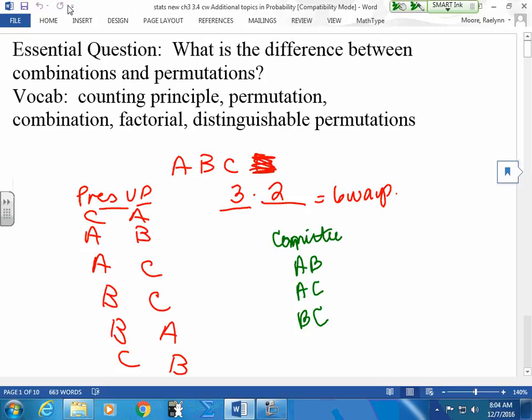So what happens when order does not matter, I can't have those same groups again. It matters here because CA and AC are totally different. But look, I only took an AB, an AC, a BC. I only took like half of those. So we said combinations of 3 things 2 at a time. It goes down to 3 times 2.